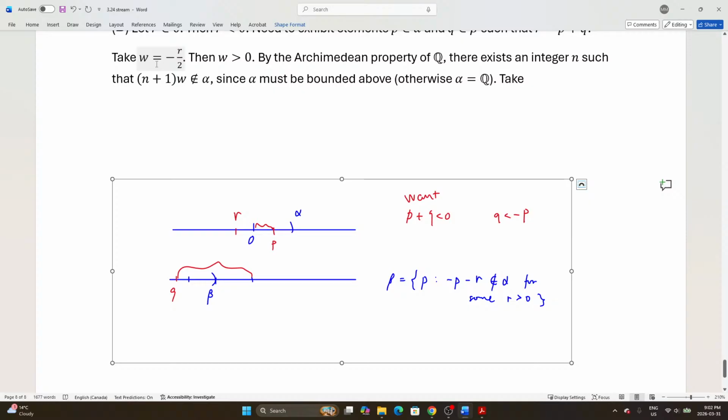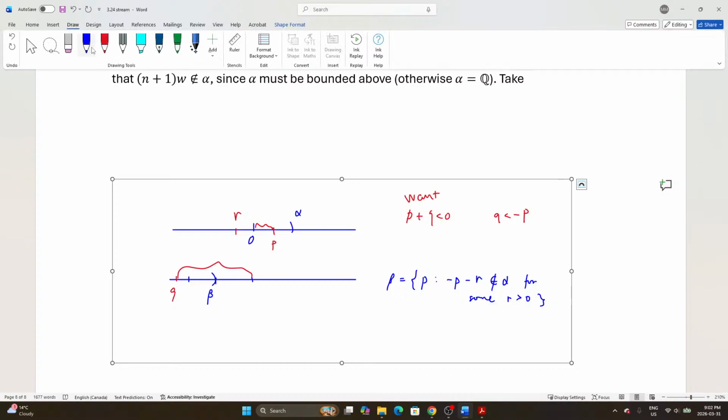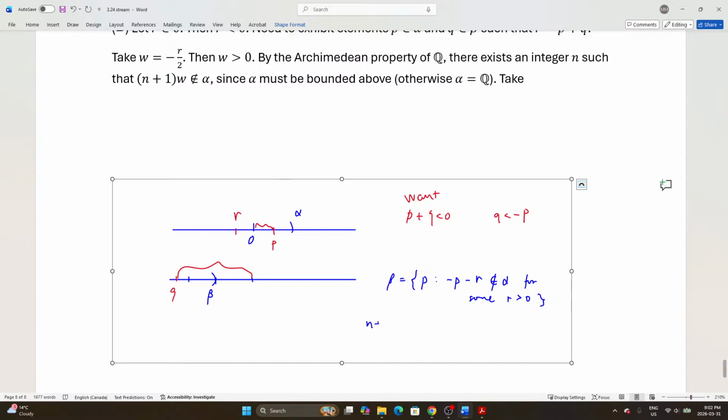Here W is my positive. So let's write it as m plus 1 W, minus, let's write it as m plus 2W minus W. So this minus W plays the role of minus R.